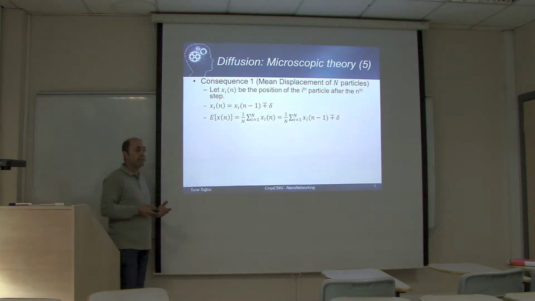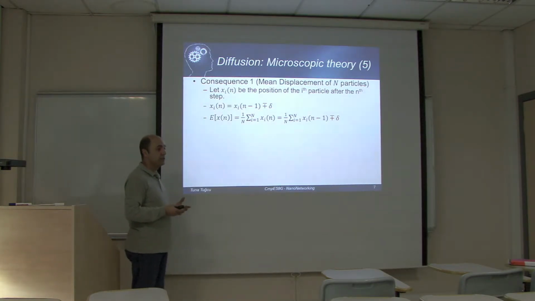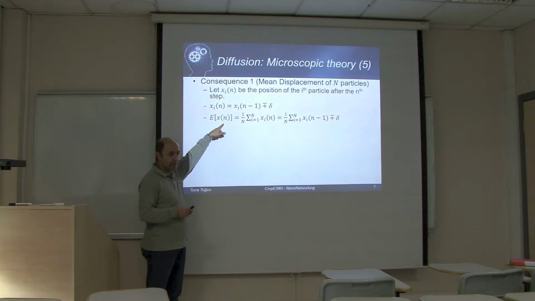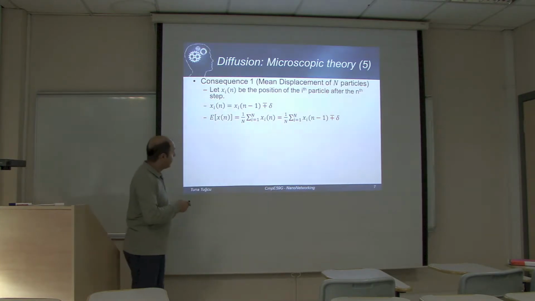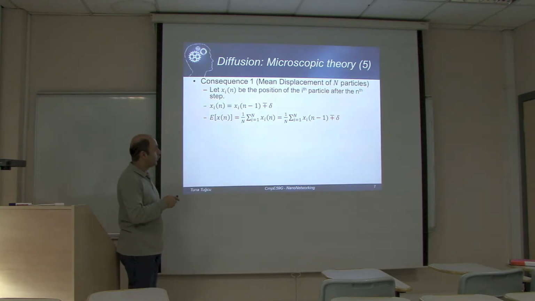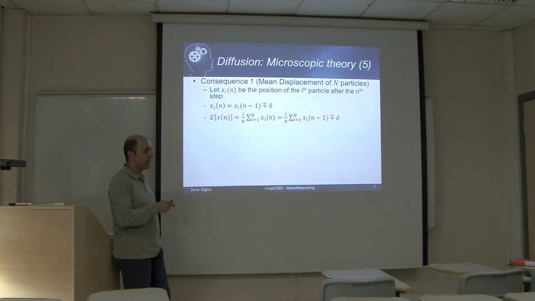So what would be the expected value of the position of that molecule, or all molecules, in n steps? That would be the average of the displacements for all molecules. Okay? Molecule 1 would be at x_1 of n, molecule 2 would be at x_2 of n.